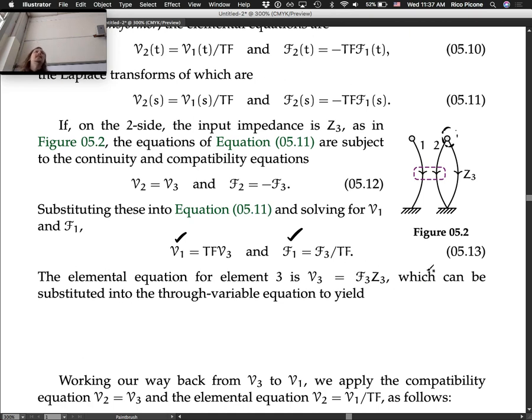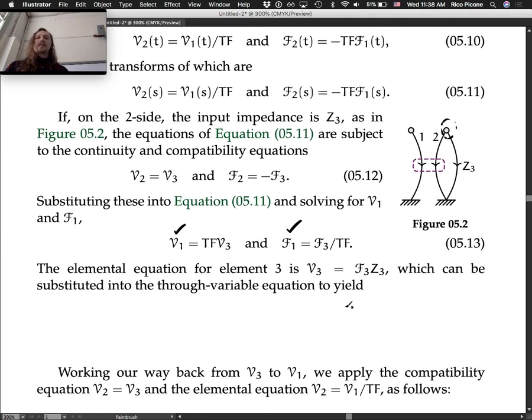In fact, this is the elemental equation for every element now in the Laplace domain, because you can always relate the through and across variables of any element with its impedance. It doesn't matter what element Z3 is, any impedance is going to have that elemental relationship.